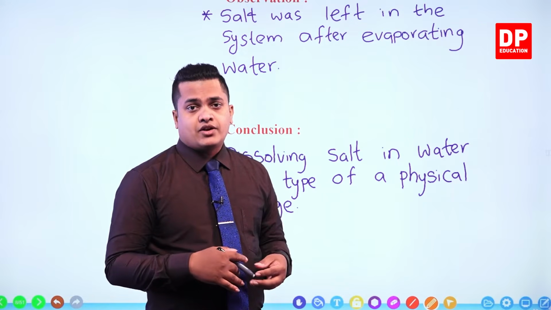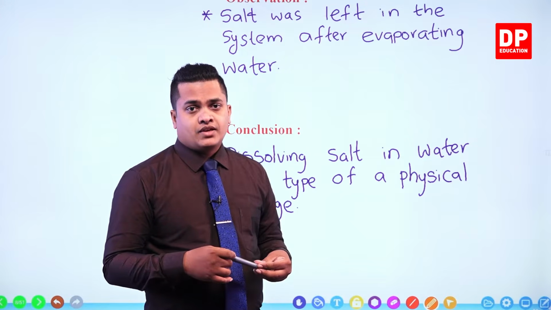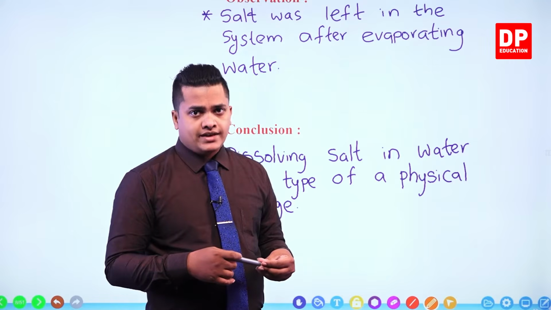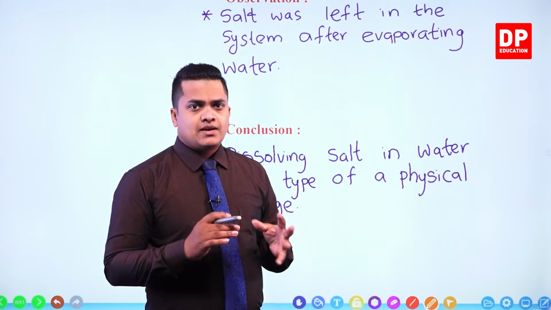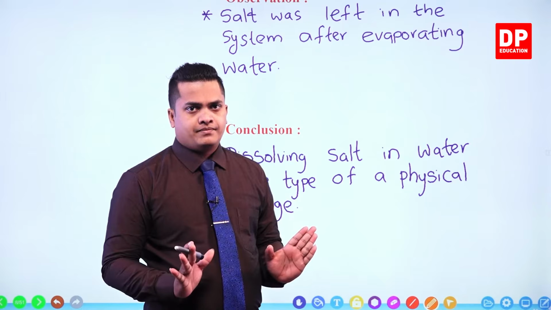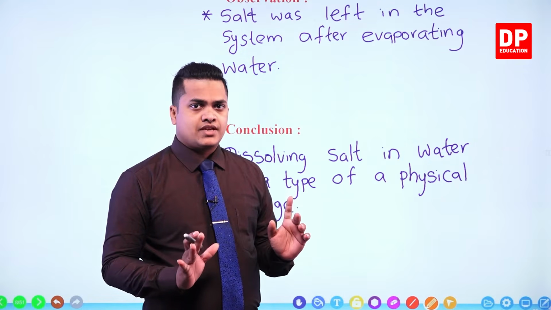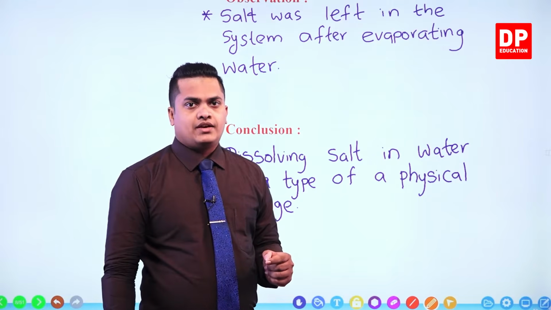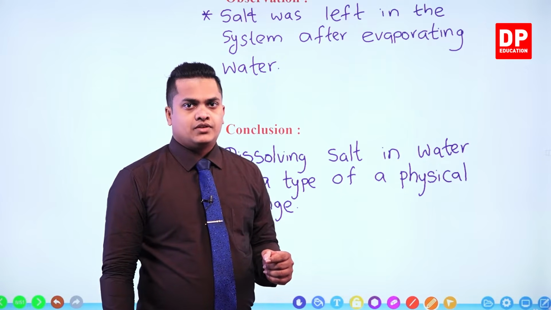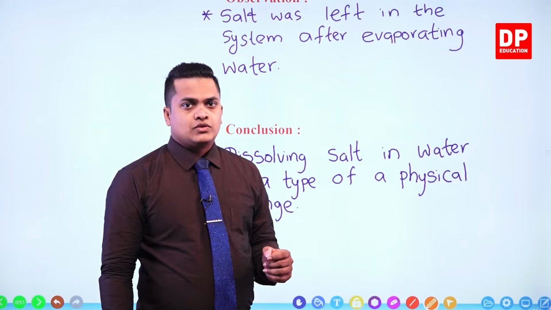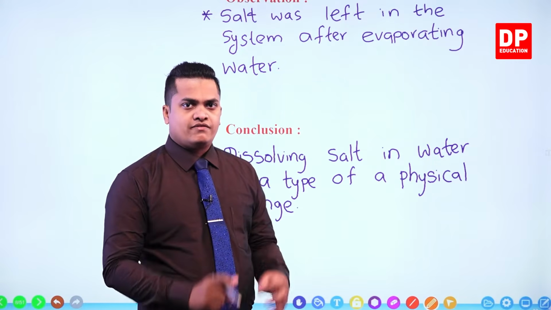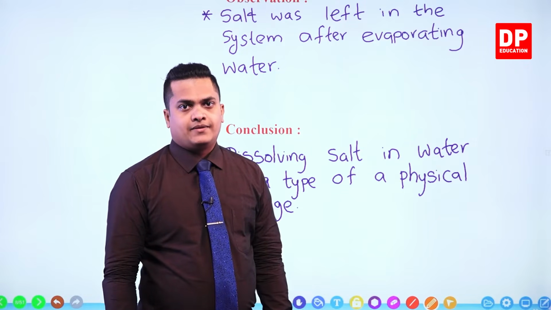As new substances are not getting created, these substances remain the same. Original substances can be obtained once again after a physical change, right? So this is the nature of physical changes, my dear children.